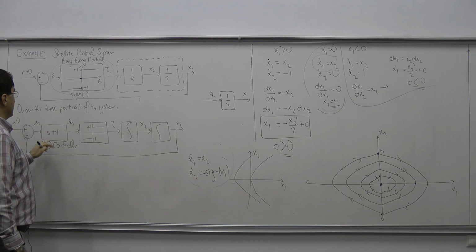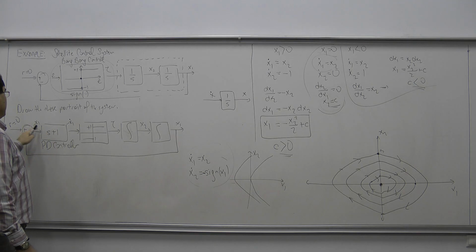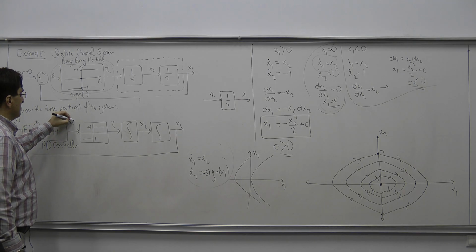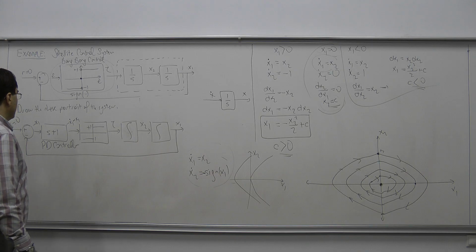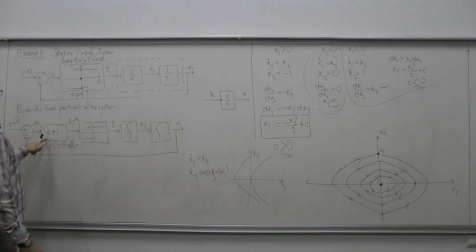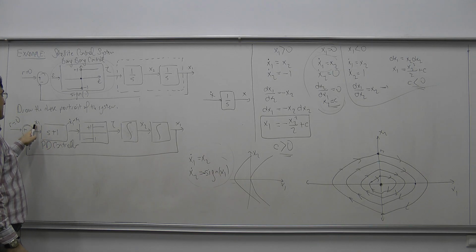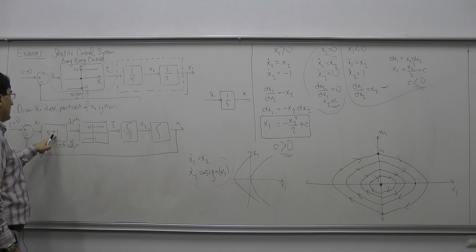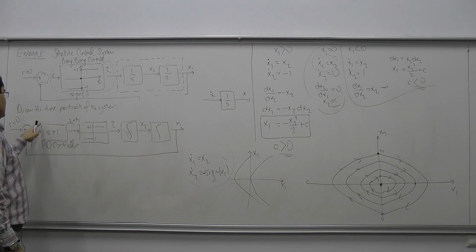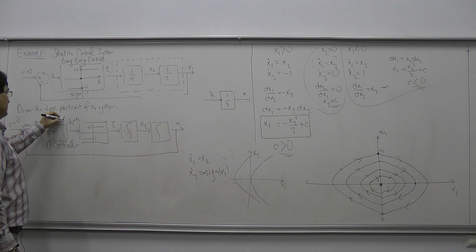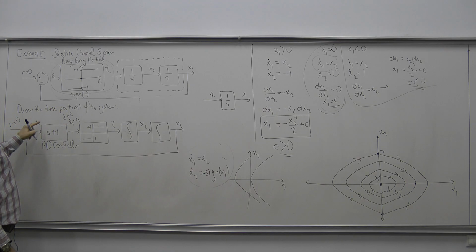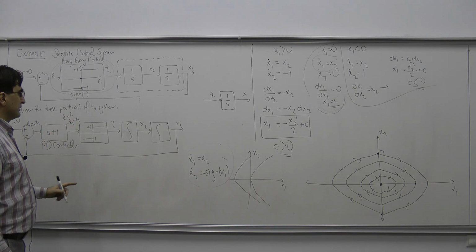It is minus x1 dot, plus I will take the variable itself, minus x1, okay? So if minus x1 passes through the system s plus 1, I take its derivative and I take itself and then I sum it, all right? So this is e dot plus e, and here e is equal to minus x1, okay? So I have this signal here.